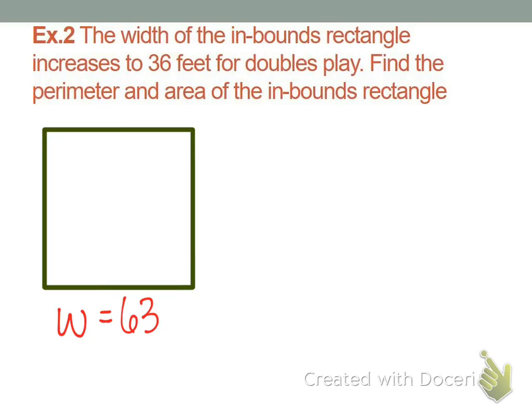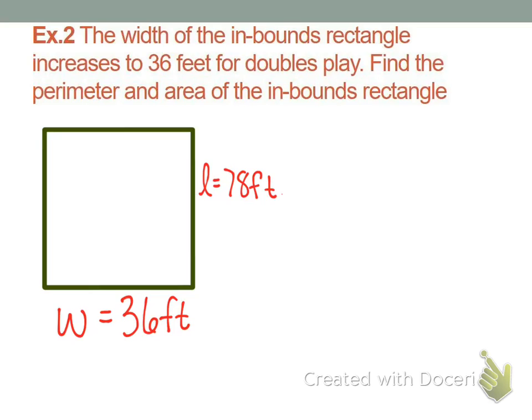Oh, it increases. Sorry, I thought it said increases by. You're right. Increases to, not increases by. 36 feet. And my length is still 78 feet. Sorry, the difference between the word to and by makes a big deal here.